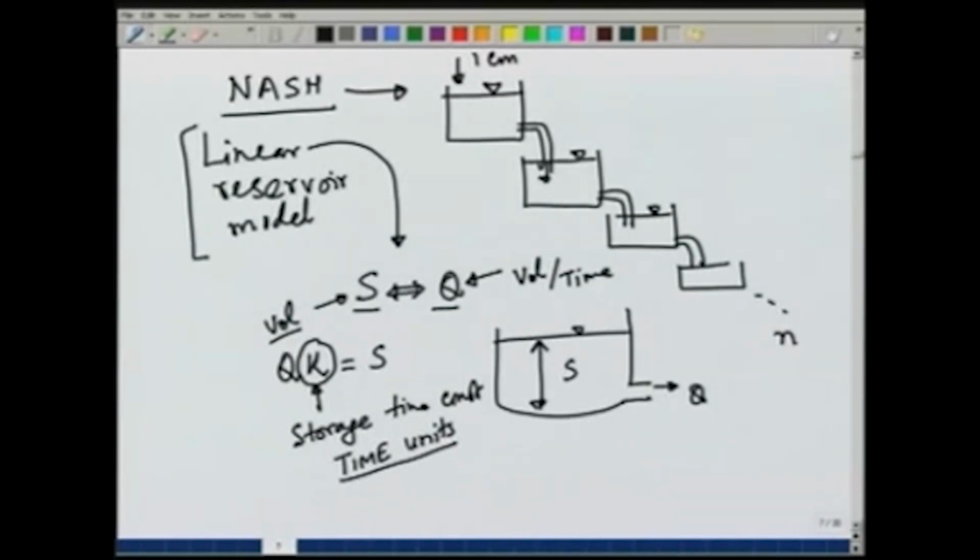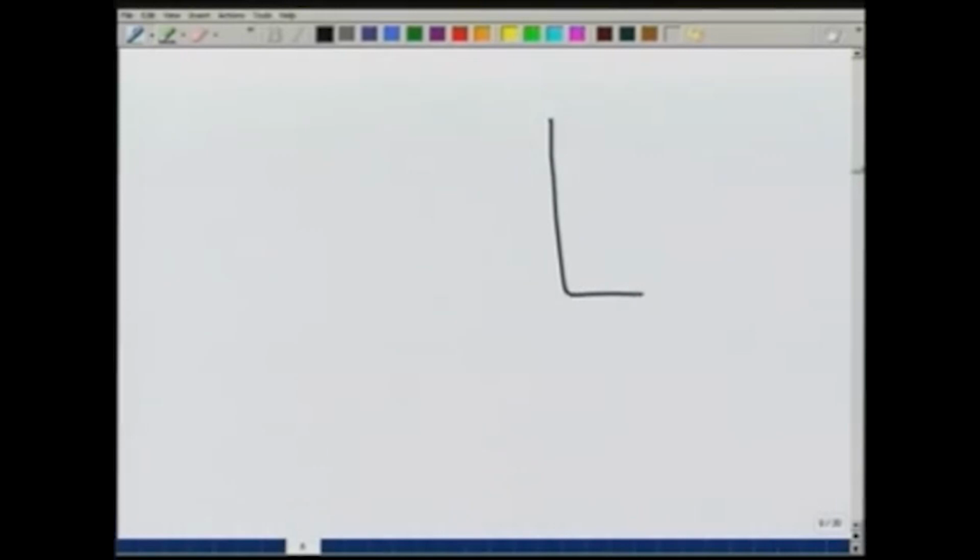and then we can write the continuity equation for any reservoir. If there is some inflow I and some outflow Q, we can write the continuity equation as the net inflow equal to change of storage. So, let us take a particular reservoir and consider a time period of delta t.